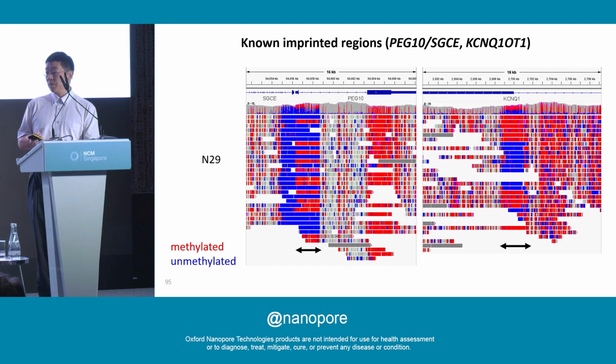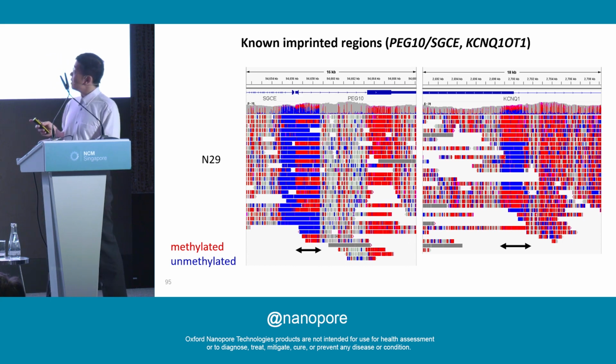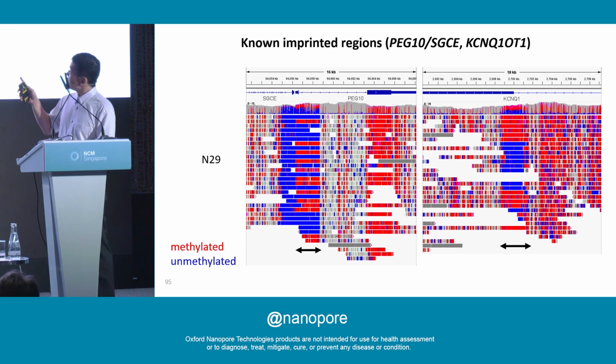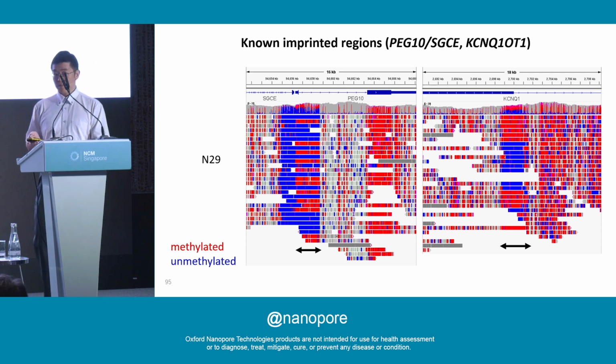We used nanopore sequencing, which shows a distinctive pattern of methylated and unmethylated reads, like at PEG10 or the KCNQ1 region, which are well-known imprinting regions. We can clearly see a distinctive pattern of red and blue, where red represents the methylated allele and blue the unmethylated allele.